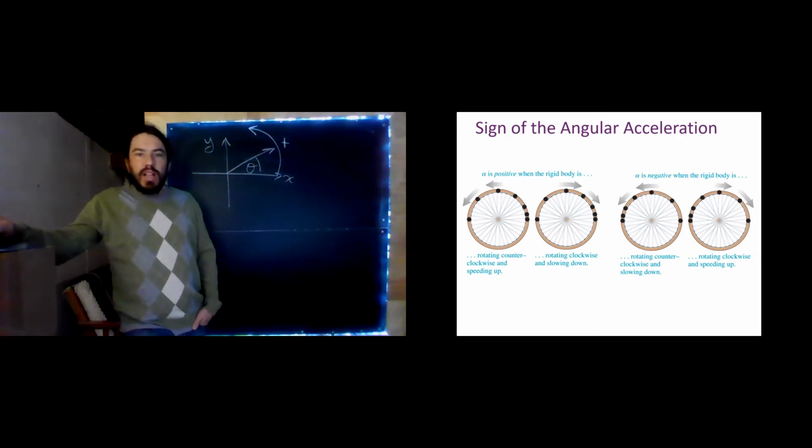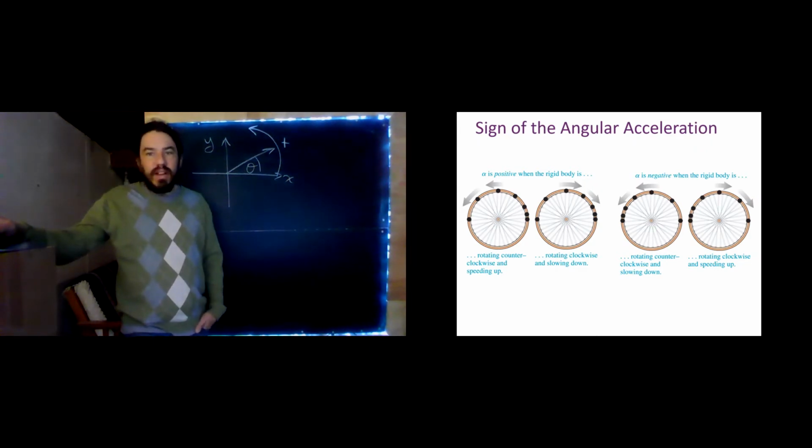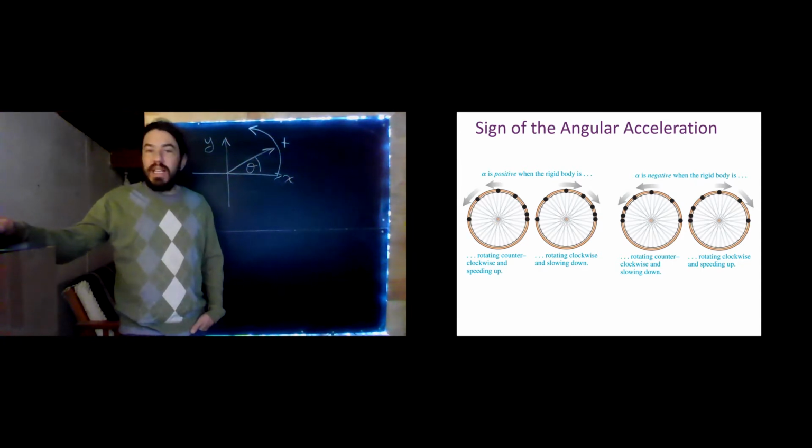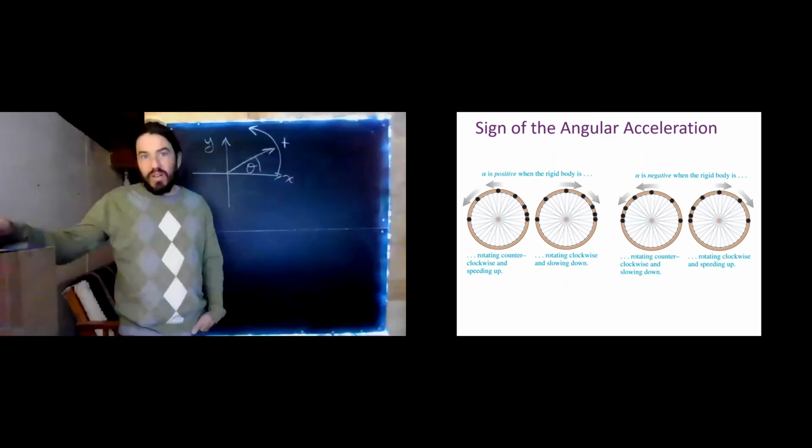Okay, and then much like with straight line acceleration, we can have positive accelerations or negative accelerations, and we have to be super careful because a positive acceleration does not necessarily mean speeding up, and a negative acceleration does not necessarily mean slowing down, right?